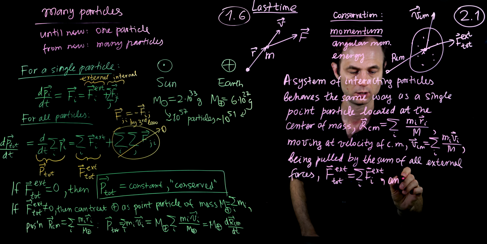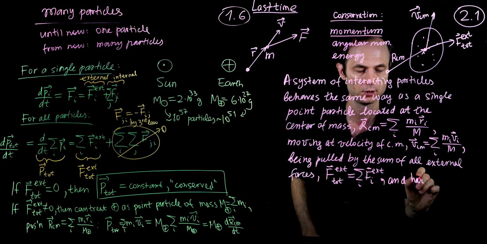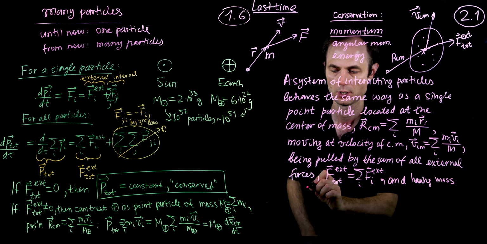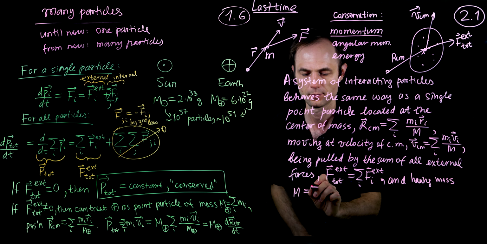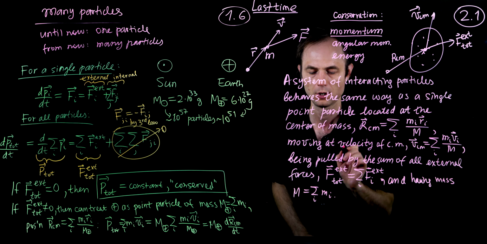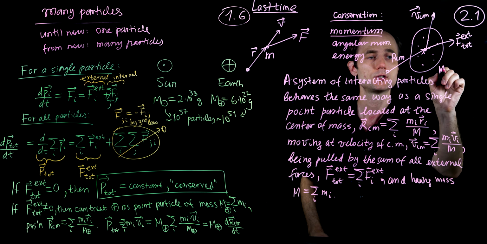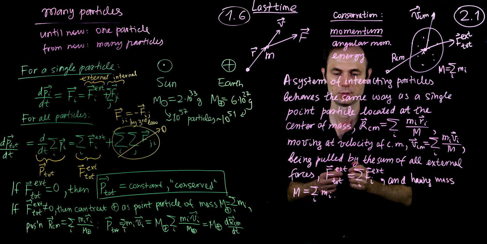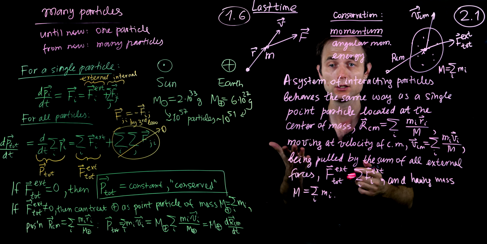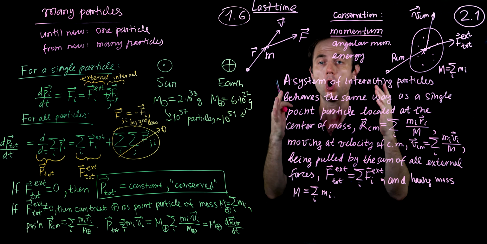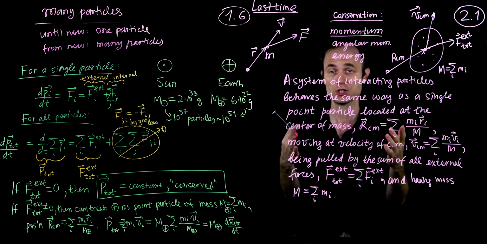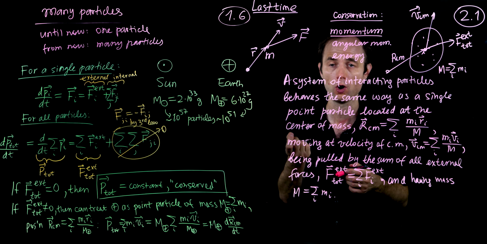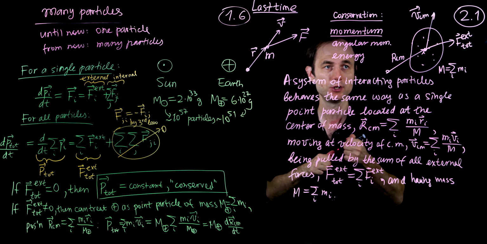And having mass m, which is the sum of all the masses of individual particles. From here, we can make the conclusion that if the sum of all the external forces vanishes, then the total momentum of the particle will actually be conserved.